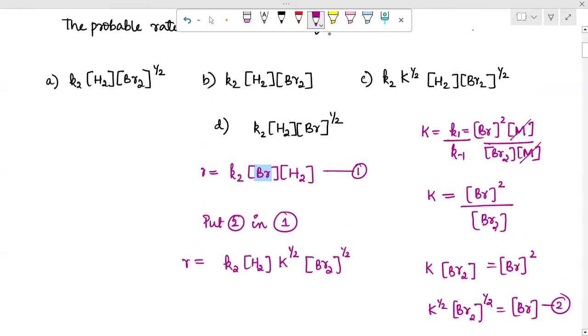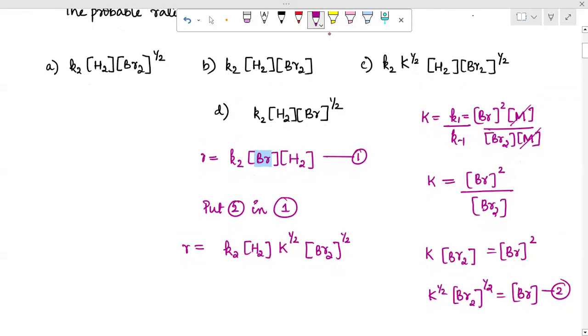So let's see if we have an option of that sort. K2, K to the power 1 by 2, H2, Br2 to the power 1 by 2. The correct option is option C. Br removed by the equilibrium method. Okay. Next question.